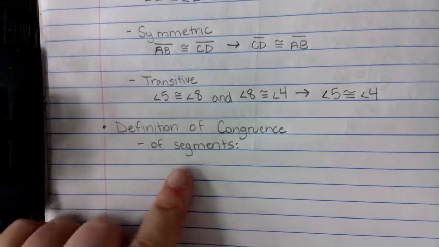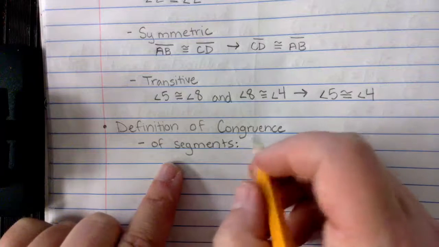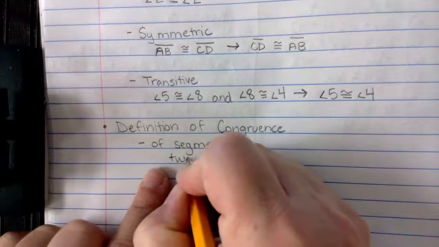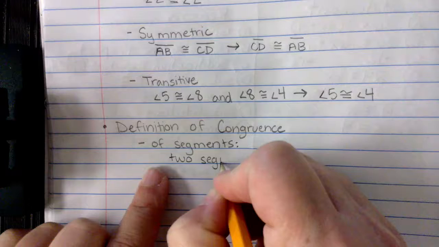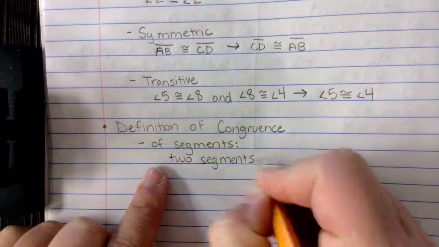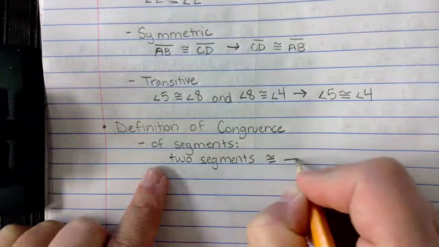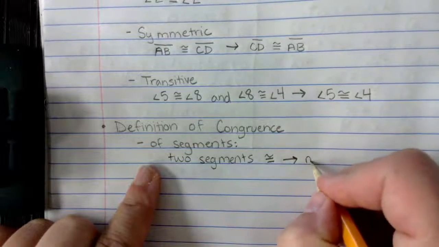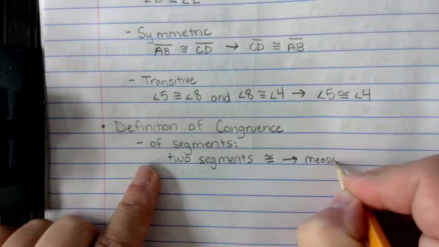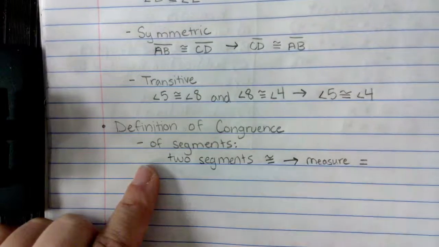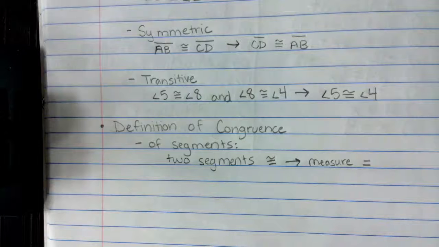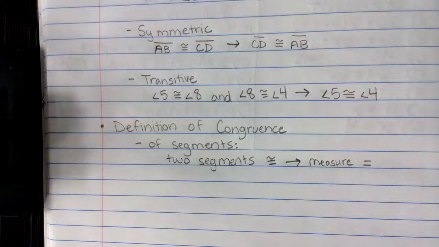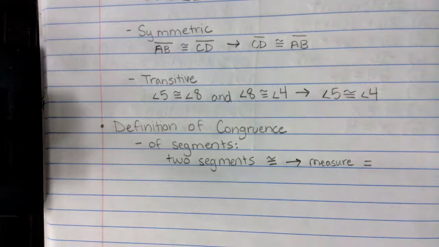Okay, so the definition of congruence of segments tells us that if two segments are congruent, then their measure is equal. This is going to feel a little funny the way that we show it, but it's really just because of the formal part of the proof, the way that it's presented and given, versus what we need to do with it.